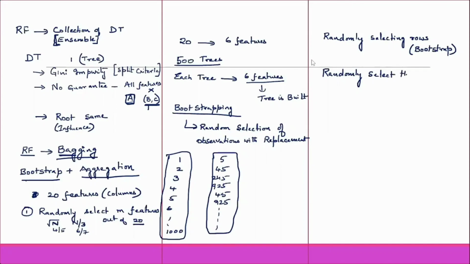This is primarily to ensure that the same root node need not be there all the time. Because if A is not coming up in my random 6, there is no way A will be my first split criteria. So we are giving all possibilities. People have found that doing these two things randomly and creating a large number of trees improves the overall accuracy.